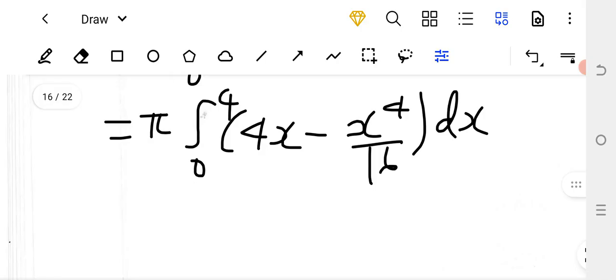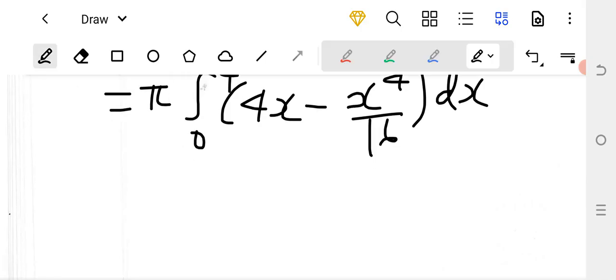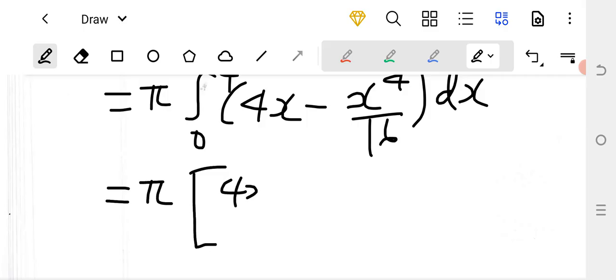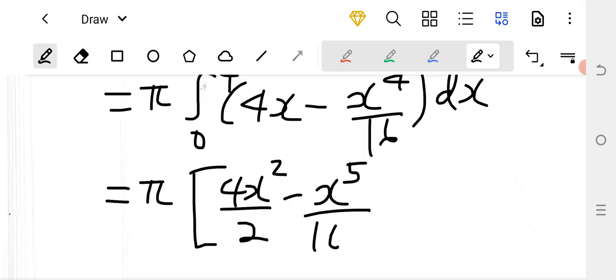Now that we have remained with such, we can start integrating. We'll say is equal to pi multiplied by 4x to the power 2 divided by the new power, minus x to the power 5, you divide by the new power, which is the same as multiplying by 5. No need to write the x.